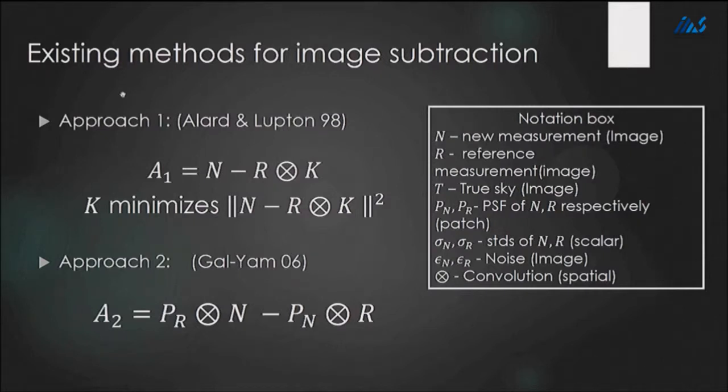You have the reference image convolved with something, and this something is computed in a very complicated way to minimize some residual. You have another solution of Avishai Gal-Yam, which is not through an optimization problem: take the new image, convolve it with the transfer function or point spread function of the reference image, take the reference image, convolve it with the point spread function of the new image, and subtract them.